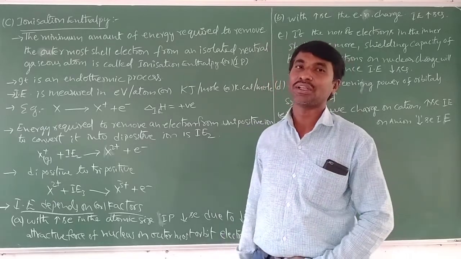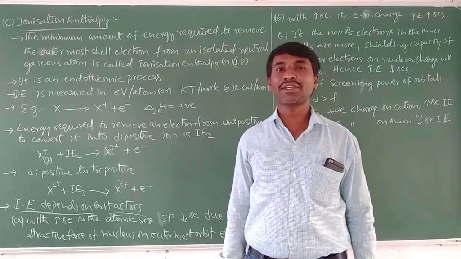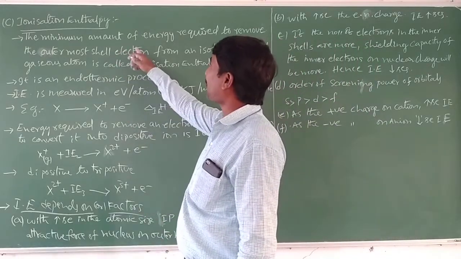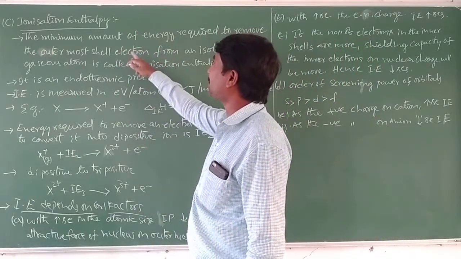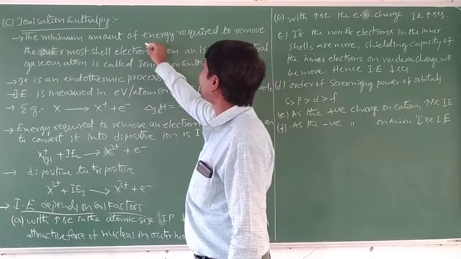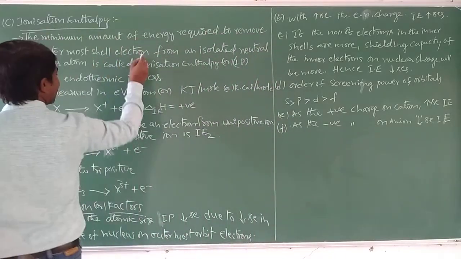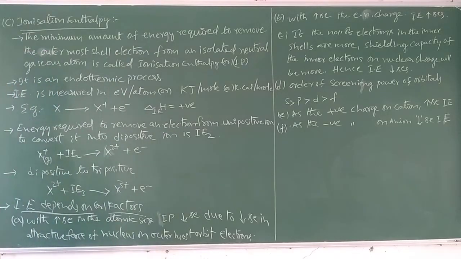So what is the ionization enthalpy? It is the minimum amount of energy required to remove the outermost shell electron from an isolated neutral gaseous atom.